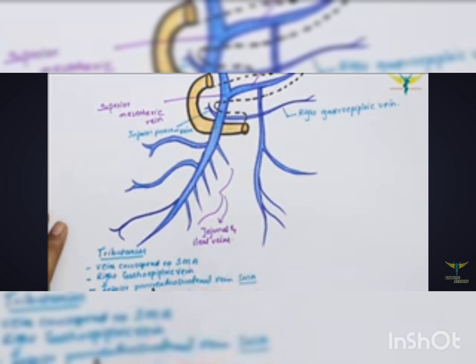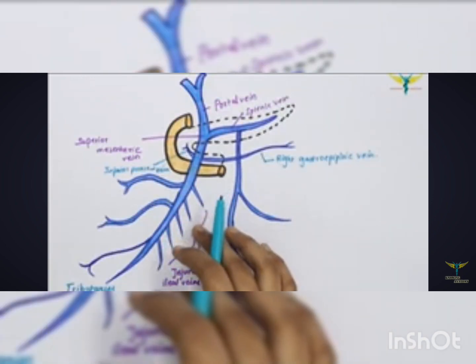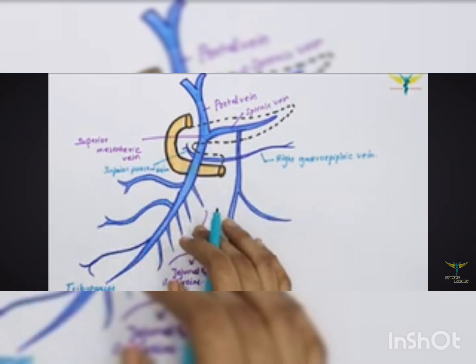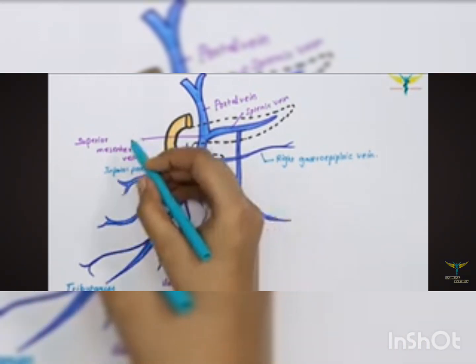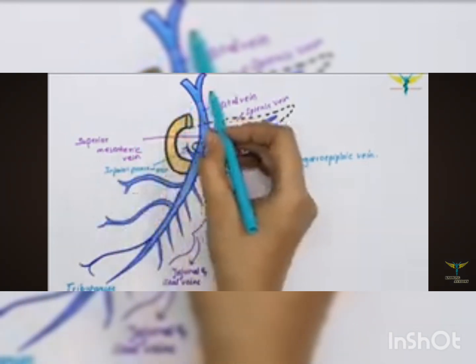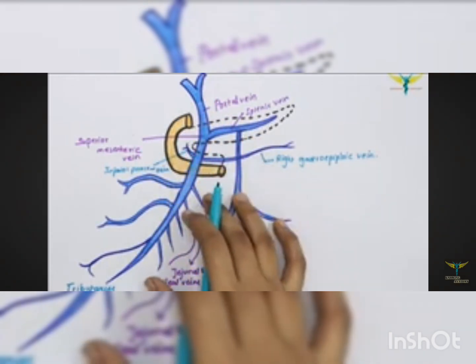the superior mesenteric vein. The superior mesenteric vein drains the venous blood from the small intestine, which is rich in nutrients, and the large intestine up to the junction of proximal 2/3 and distal 1/3 of the transverse colon, the stomach and also the pancreas.